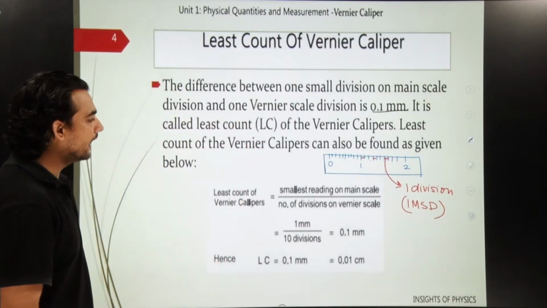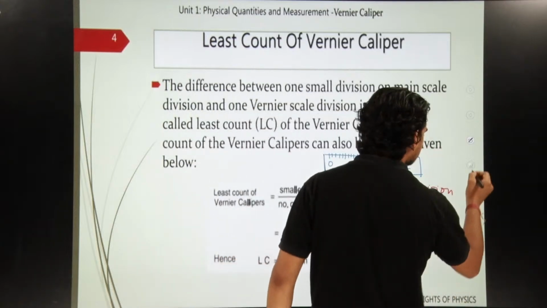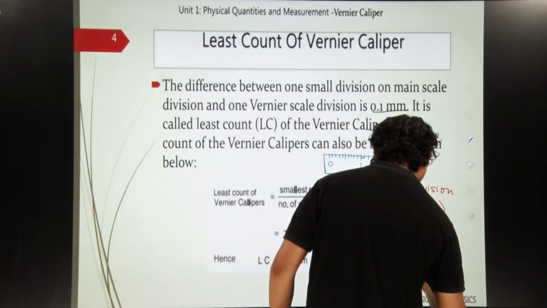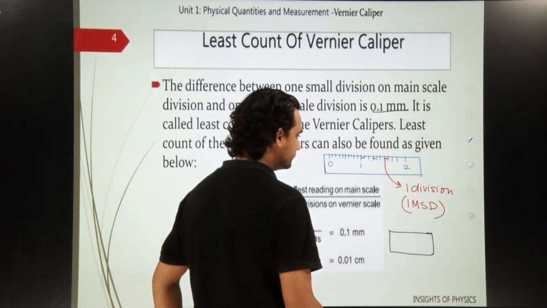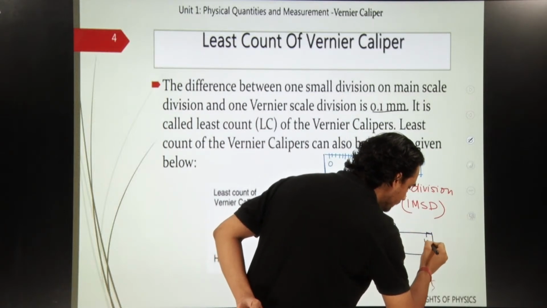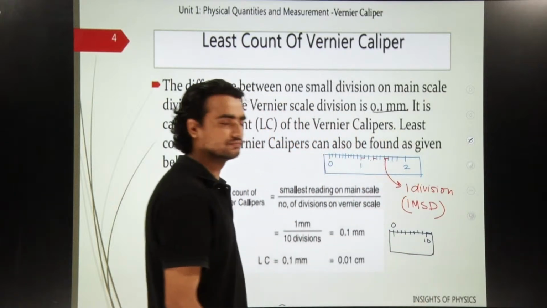Similarly, I will have a vernier scale also like this. Let's say this is my vernier scale, and on the vernier scale also I will have divisions from 0 to 10.